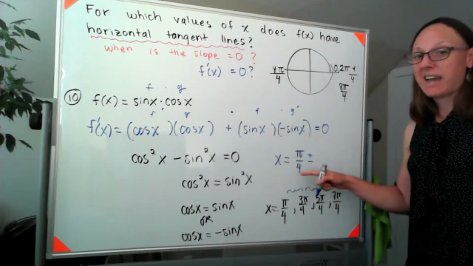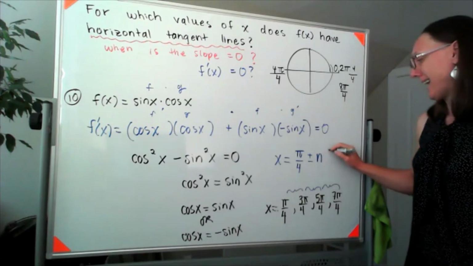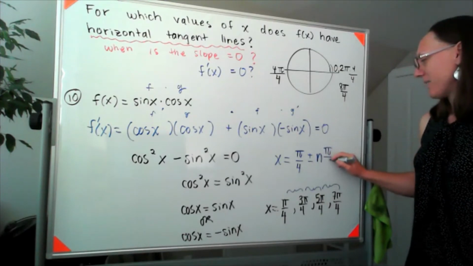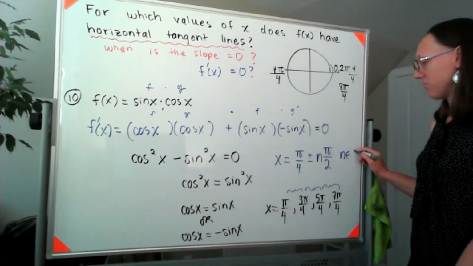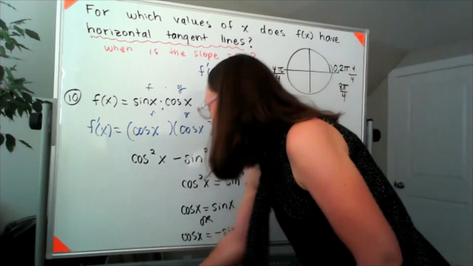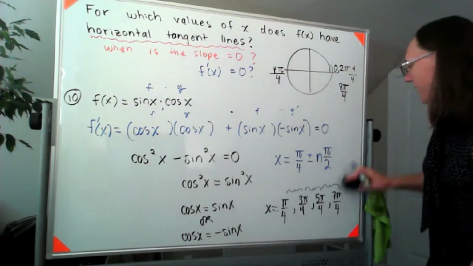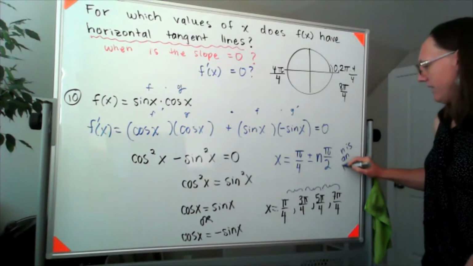So I could say that x is equal to pi over 4 plus or minus n pi over 2, where n is any number. And really, we often say that n is an integer.